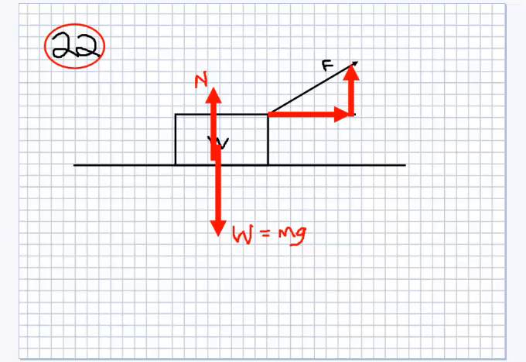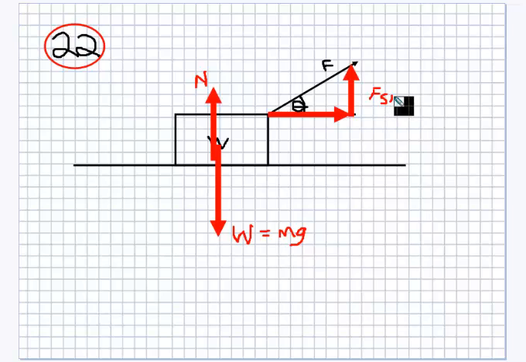And this force right here is going to be related to the geometry of the triangle. If this angle is theta, and we can say theta is 30, I suppose, because that's what it is, then this force right here going upward would be F sine theta.